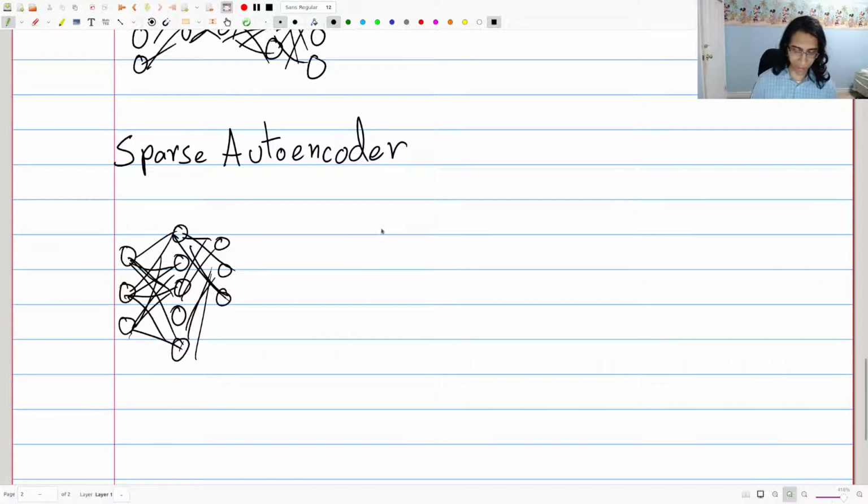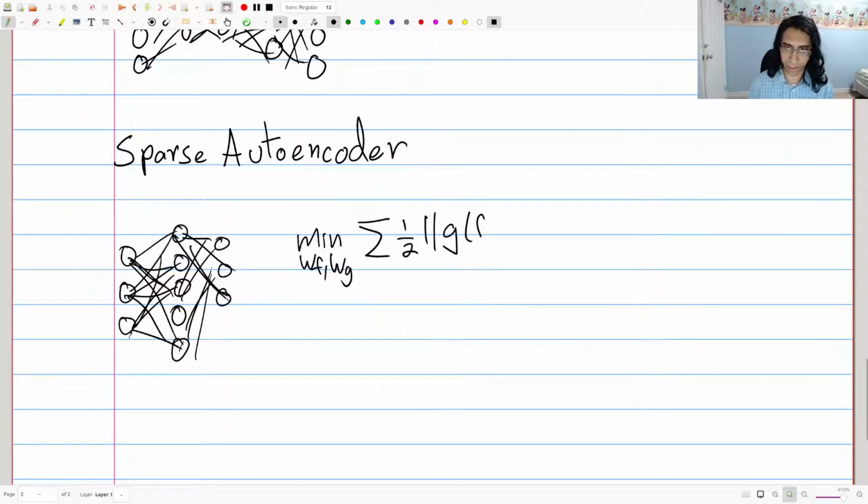So something like this. And this time, our loss function is going to be more like the following. It will still be the same first part, g of f of xi minus xi in L2 norm squared.